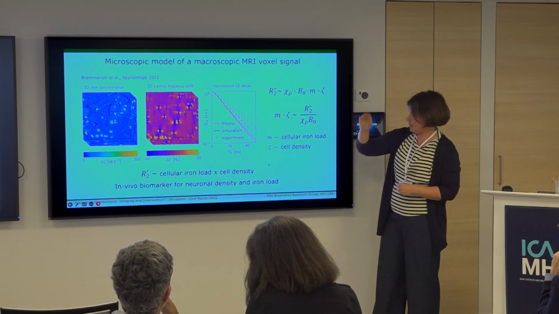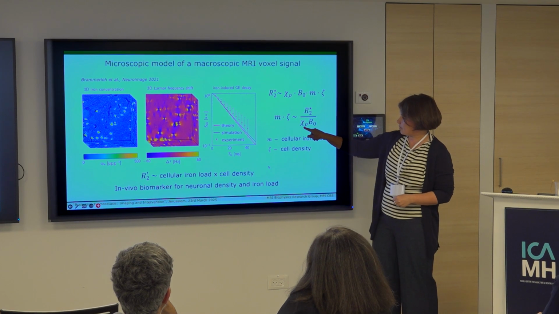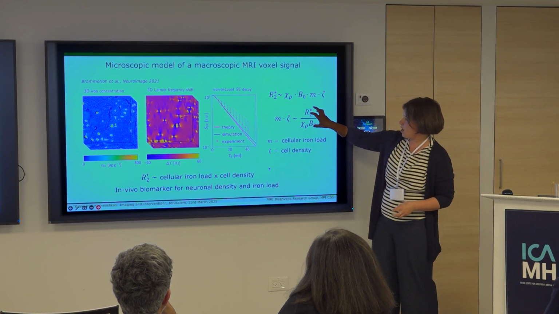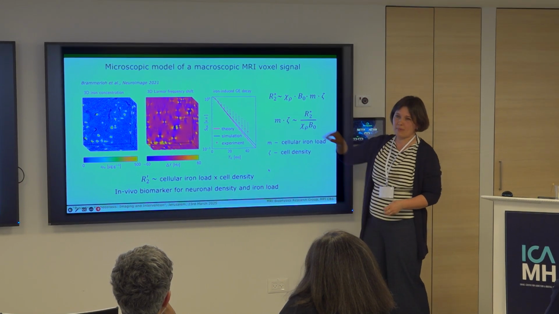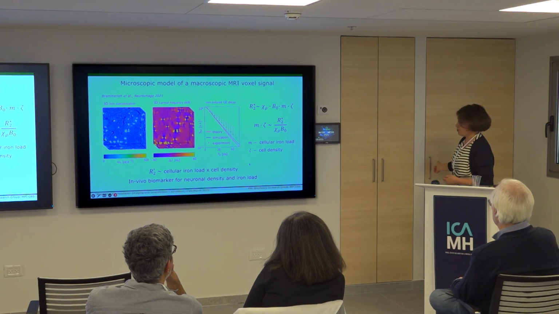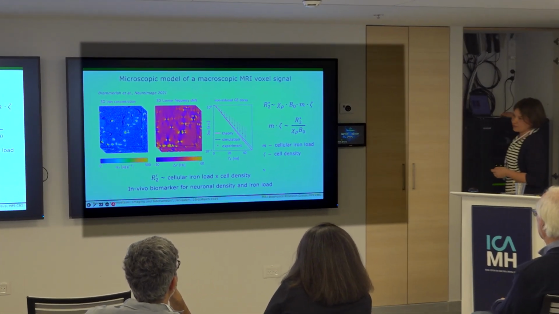So this means that by using the susceptibility values we determined in the previous experiment, we can now obtain the product of the cellular load multiplied by the volume fraction. It's a meaningful value which we can extract from our experiments.